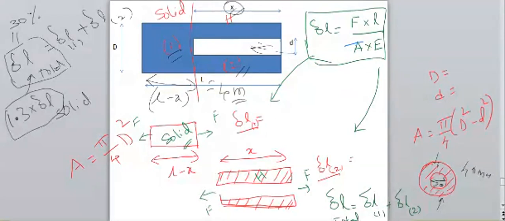But I don't know the depth of the hole. The depth of the hole is nothing but the length of the hollow section, which we'll call X. We need to find it, and the remaining length of the body will be L minus X.